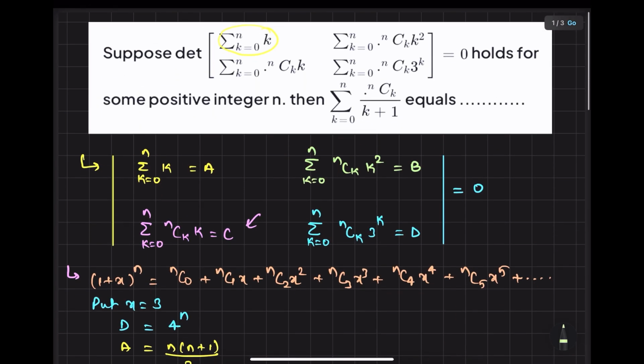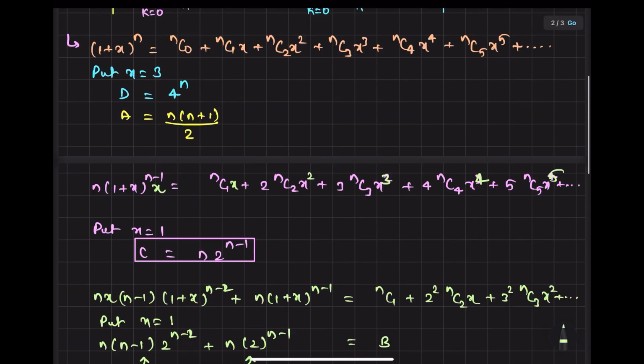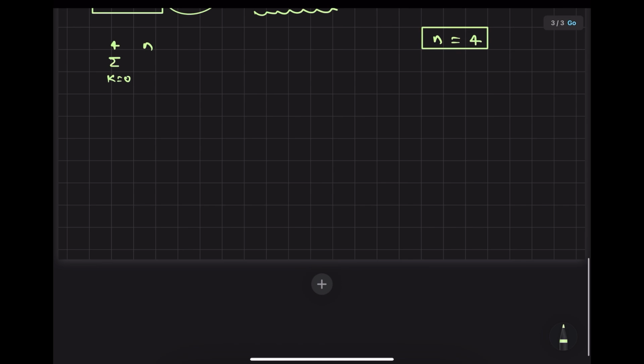Now we have to simplify this thing. So the question is summation k starts from 0 to 4. What was that? 4Ck upon k plus 1. Now look at this.